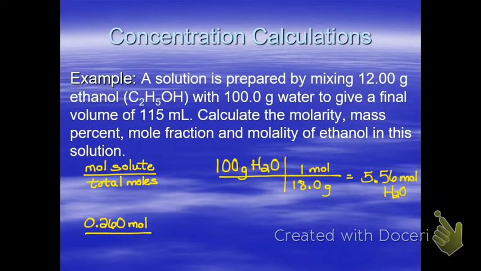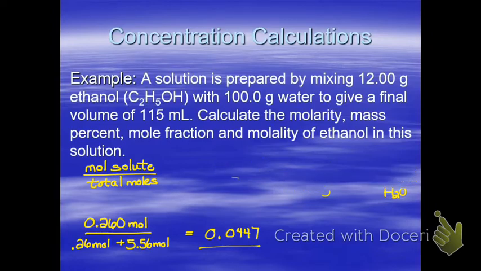So let me come back down to the bottom here. I've got moles of solute in my numerator, and in the denominator I want moles of solute plus moles of solvent. Don't multiply times 100 for mole fractions, we don't do that. I'm going to just keep it as a decimal. No units. 0.0447. Okay. All right, last part.